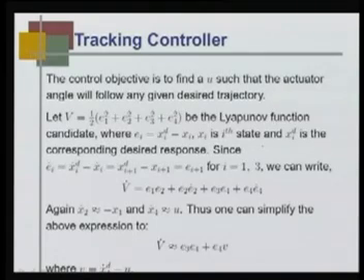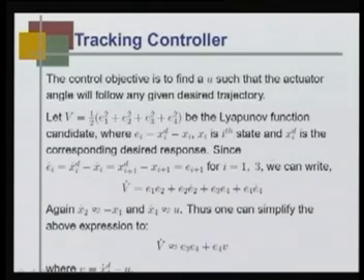So, xi is the ith state and xid is the corresponding desired state trajectory. Okay. So, the control objective is to find a control action such that the actuator angle will follow any given desired trajectory. Hence, the Lyapunov function has been changed from x1 square plus x2 square plus x3 square plus x4 square to e1 square plus e2 square plus e3 square plus e4 square. I hope that is clear to you.